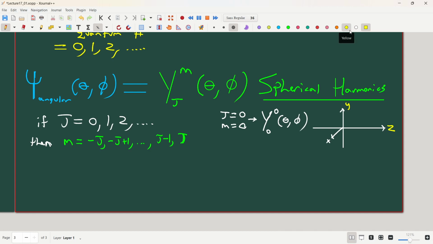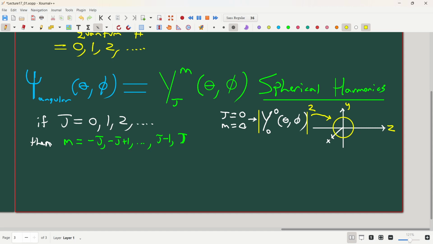And if you plot this function, and I'm going to plot the square of it because we've measured the square of the wave function. And a spherical harmonic is just a circle on the YZ plane. It's just a circle. All right, this is a two-dimensional cut on the YZ plane.